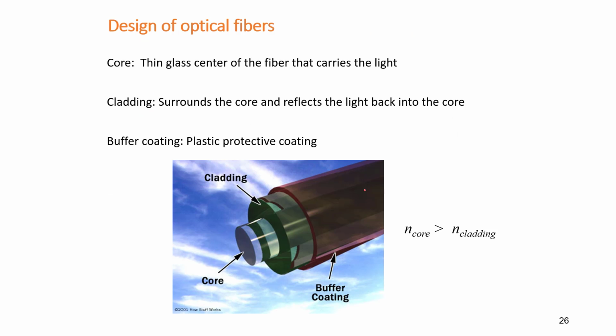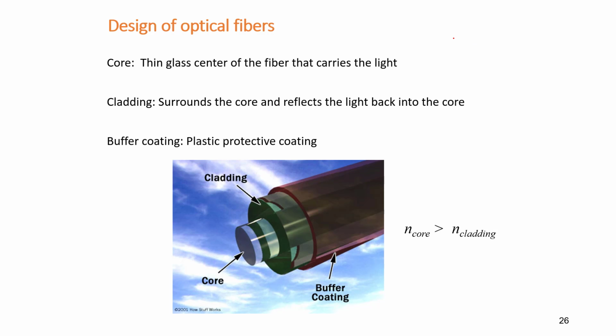So usually, to protect the optical fiber, you have this optical fiber in the middle, and you use something called cladding. Okay, cladding protects the inner core, and cladding has refractive index less than the refractive index of the core, because that's what you need for total internal reflection.